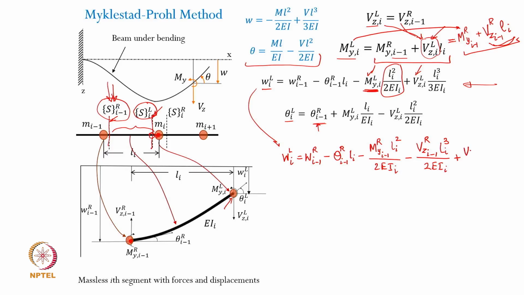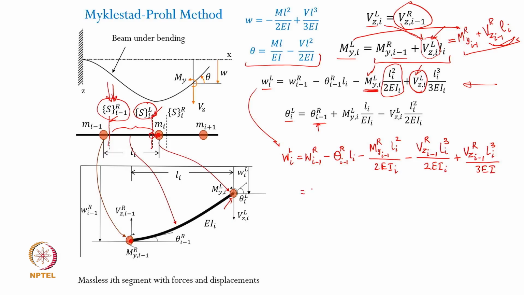Okay, so now consider this V_{z,i}^L, we can replace it with V_{z,i-1}^R. So this is getting replaced by this, and then L_i cube upon 3 EI.